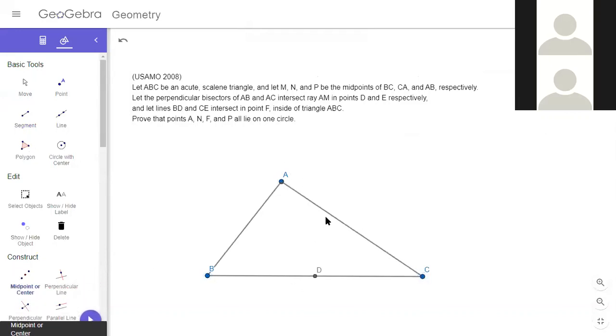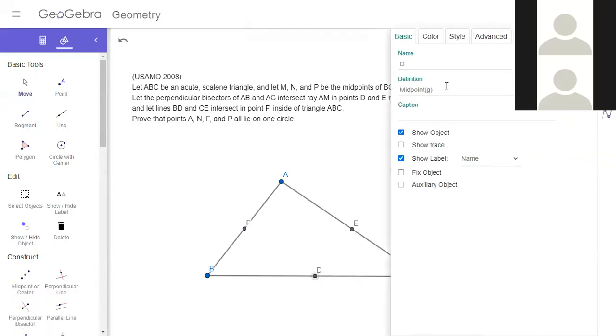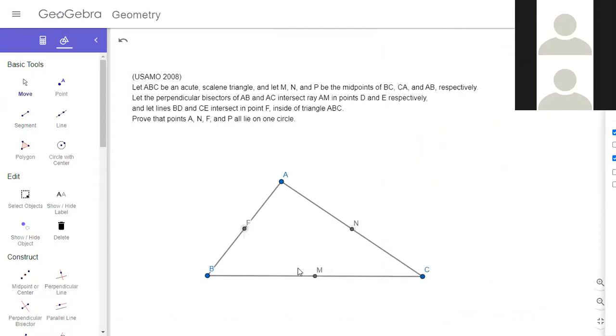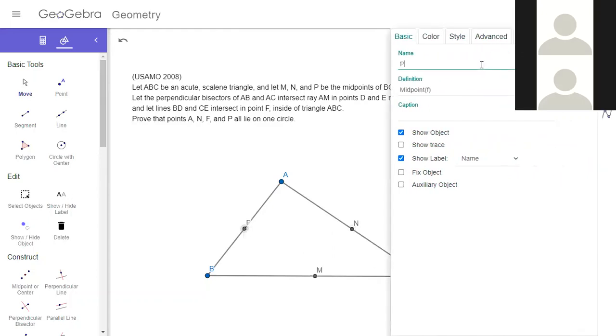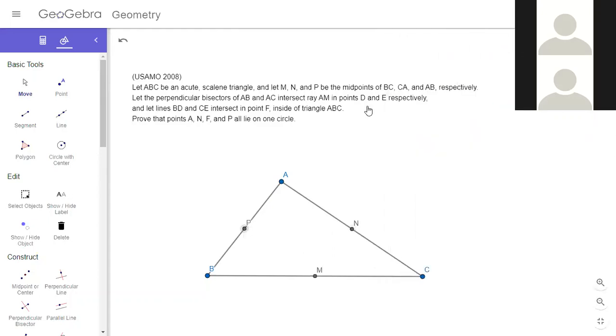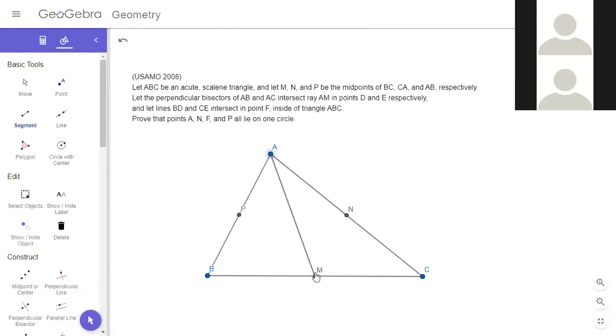M, N, and P are the midpoints. Obviously, they lie on the nine-point circle. And let the perpendicular bisectors of AB and AC intersect AM at D and E.